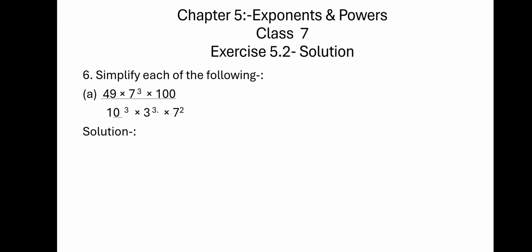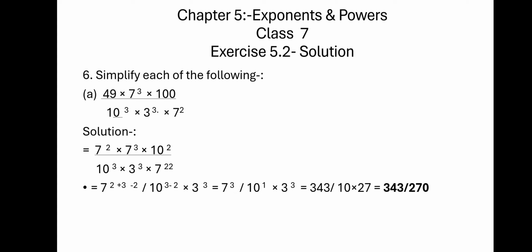Simplify each of the following. Here 49 is 7^2, 343 is 7^3, 100 is 10^2, divided by 10^3 multiplied by 3^3 multiplied by 7^2. So 7 raised to the power of 2 plus 3 minus 2 divided by 10 raised to the power 3 minus 2 into 3 raised to power 3.